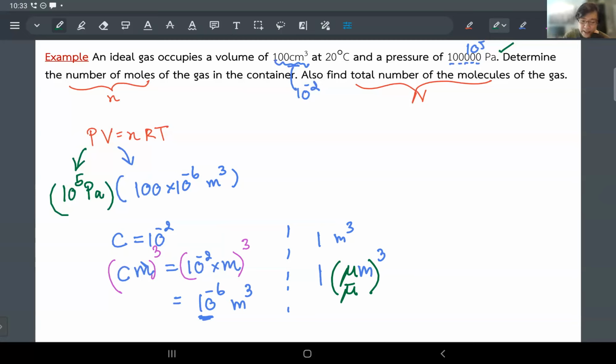But then I'm going to keep that micrometer here together. That will be my final unit that I want to keep. So at the end, what I'm getting is going to be 1 divided by mu cubed, and it's in a unit of micrometer cubed, something like this. All right. So that allows me to manipulate the unit up or down or whatever just by treating this as a number. Does that sound reasonable enough?